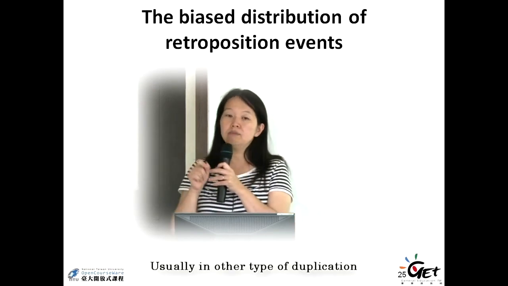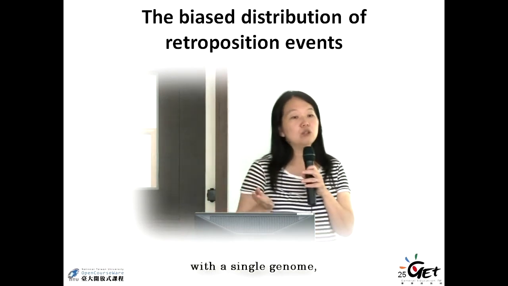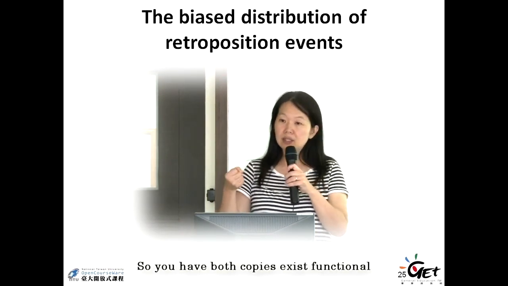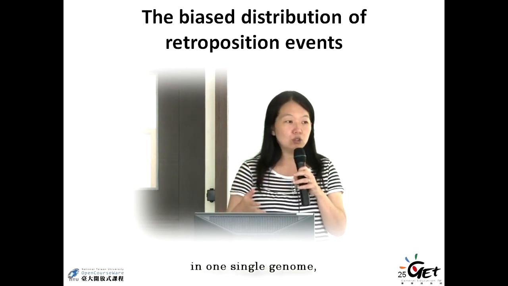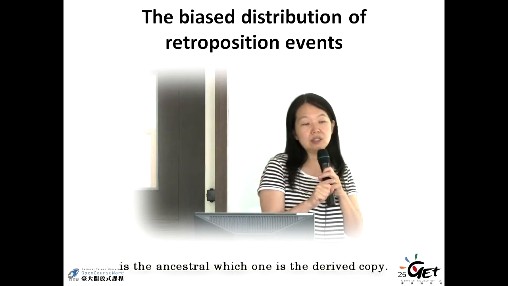Usually in other types of duplication, within a single genome you cannot really do that. You have both copies existing functionally in one single genome, and you don't really know which one is the ancestral and which one is the derived copy.